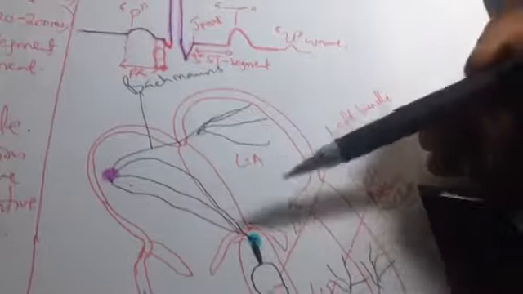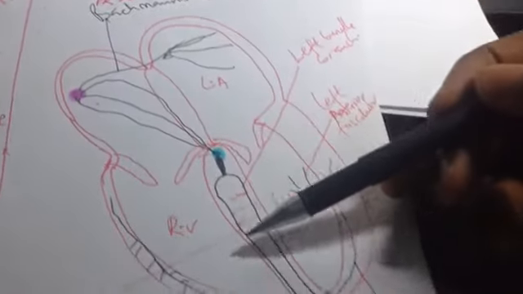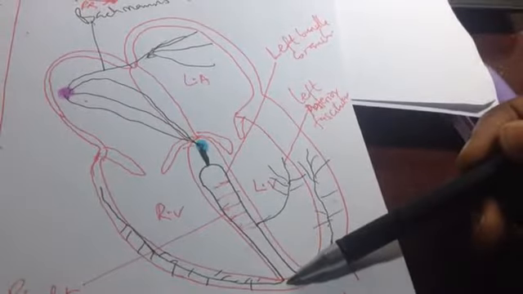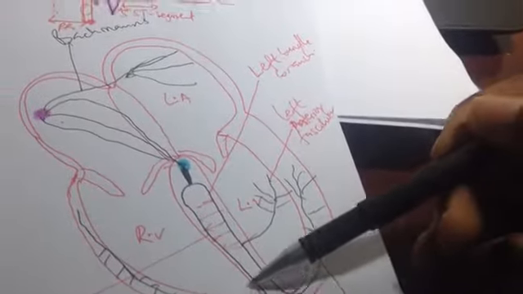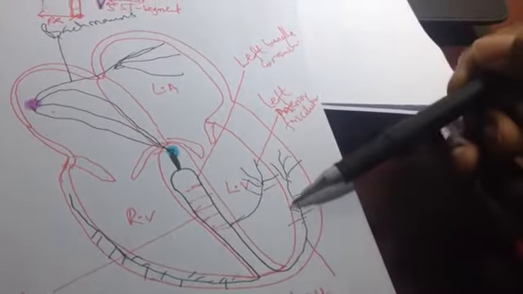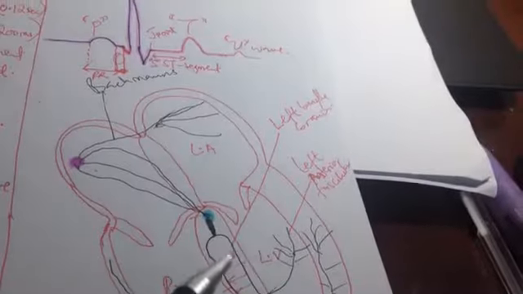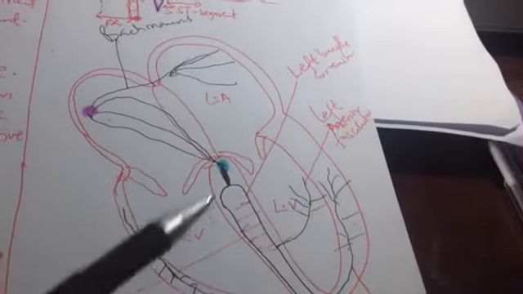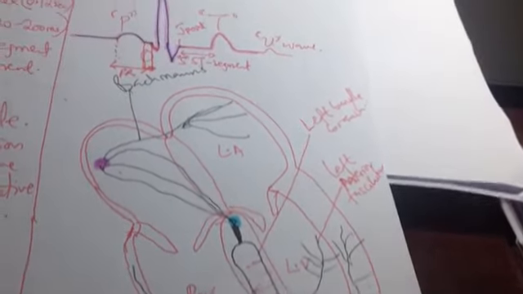Then as the signal travels downward, it produces this R wave going up. Then as it moves upward again, it produces this S wave also. So I want you to know that the QRS complex is the depolarization of the ventricles.